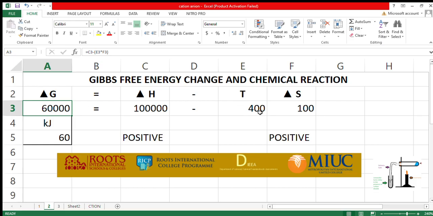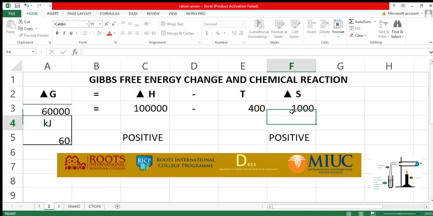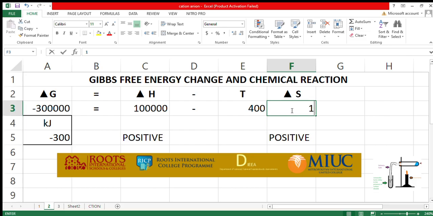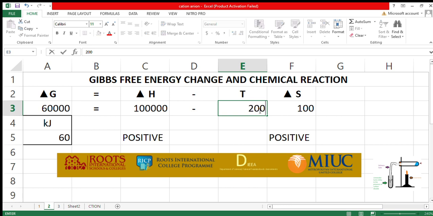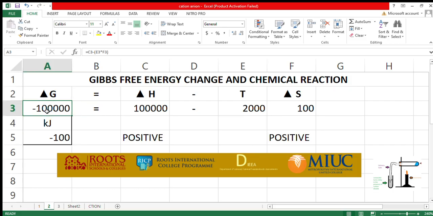But if I increase these values, for example, I make it 1000, as you can see, the Gibbs free energy change becomes negative. Or if I use the same value but I increase the temperature here, I can see this particular chemical reaction becomes feasible.